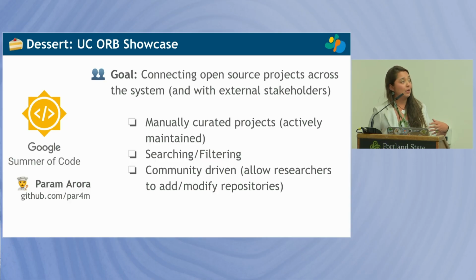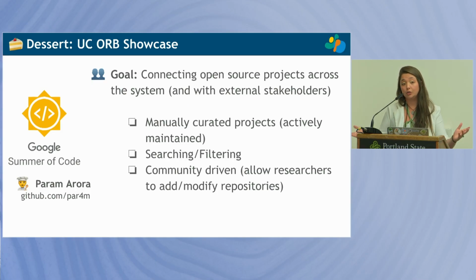So this repository browser is, we're hoping, a tool that will allow for searching and filtering of these projects. And it will hopefully allow researchers to showcase their work in order to get more funding, connect with more contributors, or build a community around the work that is happening within the UC system.